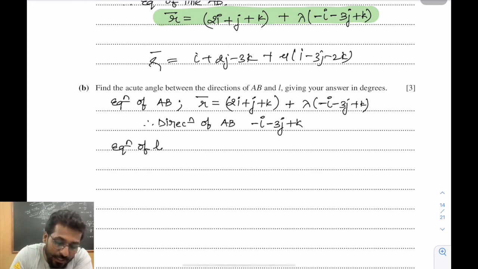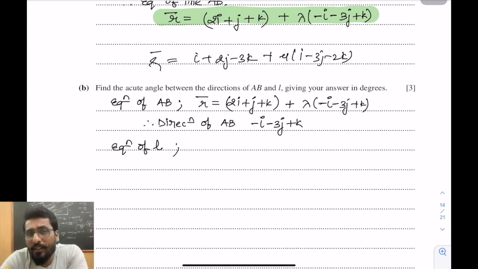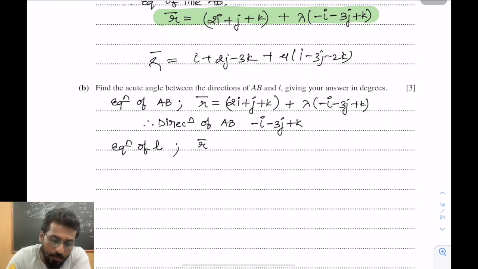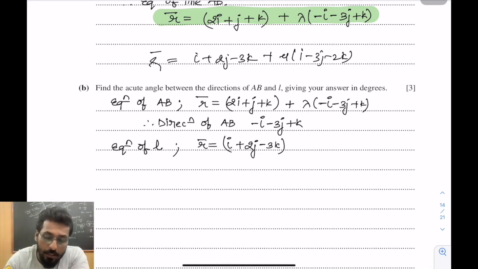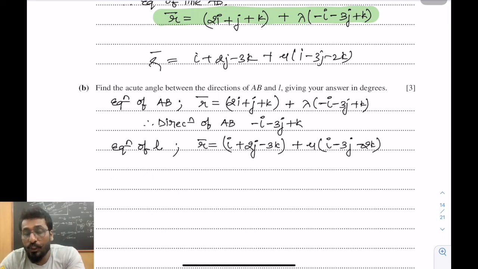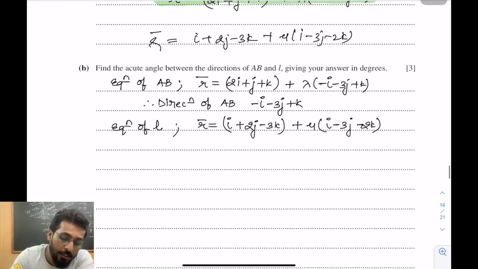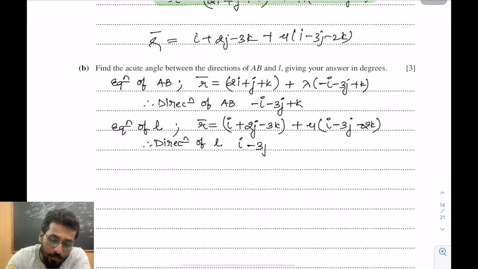Very quickly, let's write the equation of line L also. It's R bar is equal to I plus 2J minus 3K. That's a point on the line, right students? Plus mu times I minus 3J minus 2K. The vector which is multiplied with mu is the direction of L. So the direction of line L is going to be I minus 3J minus 2K.